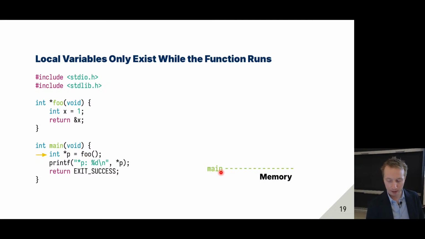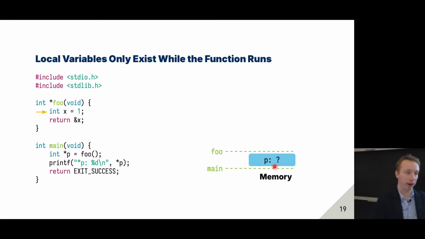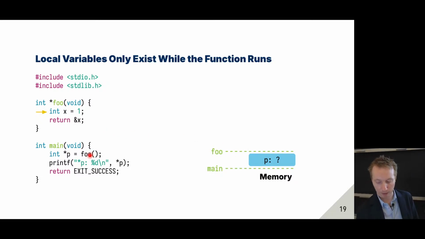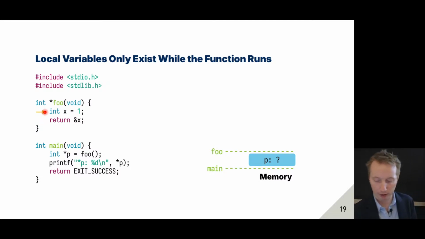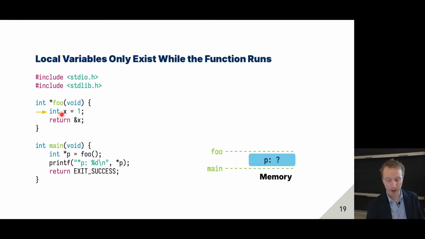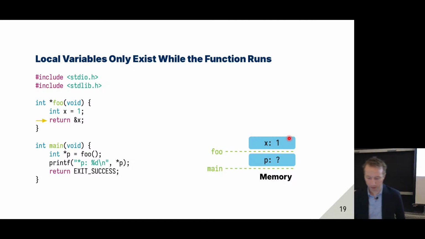In memory, in our main, it'll create space for p, and we're not going to know the value of it yet because we have to do this function call. So we would jump here, it doesn't take any arguments, we don't have to copy any values or anything like that. This function declares an integer called x, and it would go in memory, and it would live in foo.